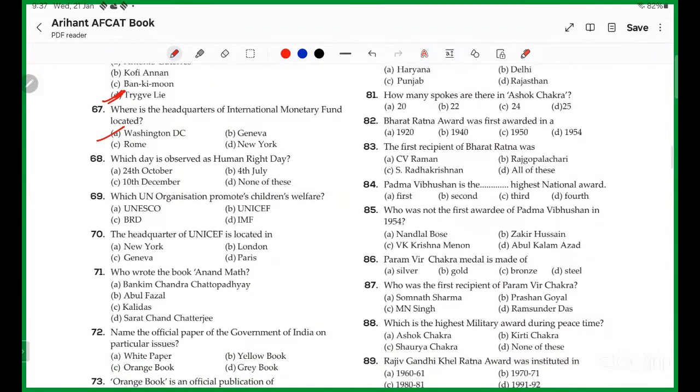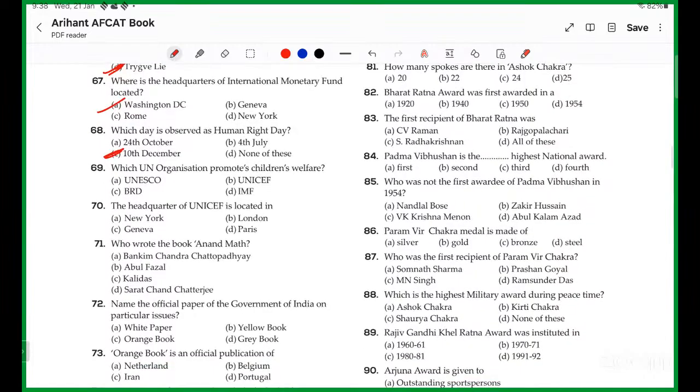Which day is observed as Human Rights Day? 10th December. Which organization promotes children's welfare? UNICEF. The headquarters of UNICEF is located in New York.